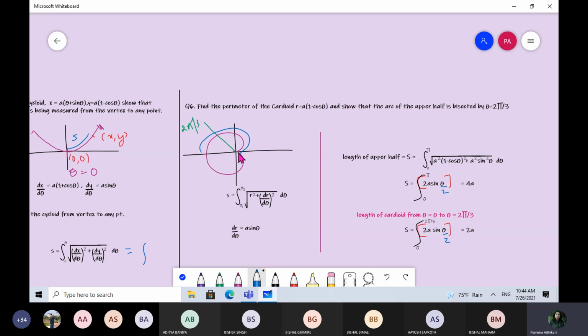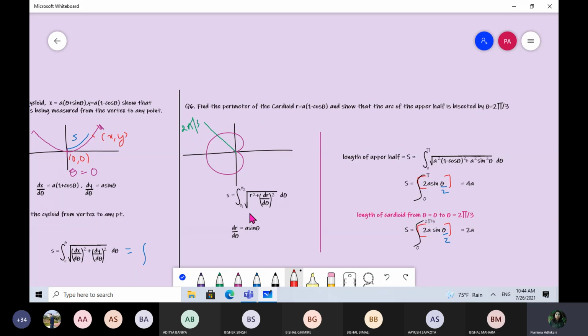So what you have to show is that from 0 to 2 pi by 3, the length of the cardioid is half of the length of the cardioid from 0 to pi. Yes, exactly, pi. Upper half means still pi. So that's what you have to do.